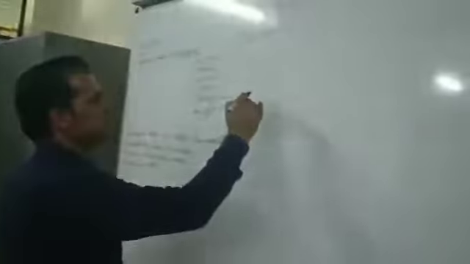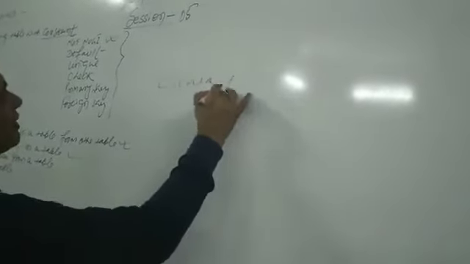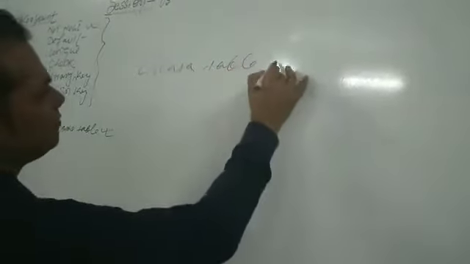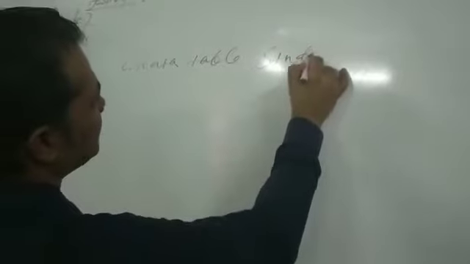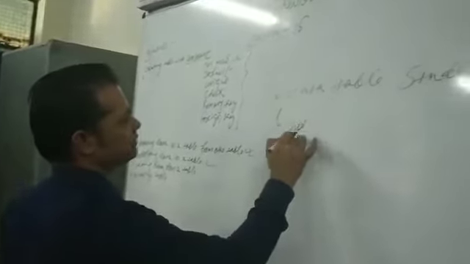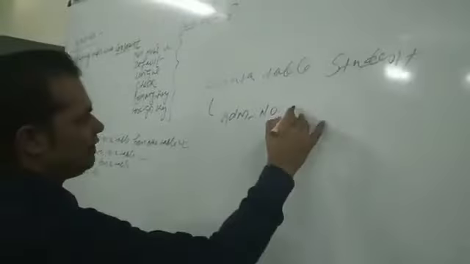You all know the command to create a table is create table, then the table name. Suppose student is the table name. Then you start the bracket and the first field, suppose admission number. I want to create it of integer kind, so I'll write int: admission number space int, and then I want to make it not null.